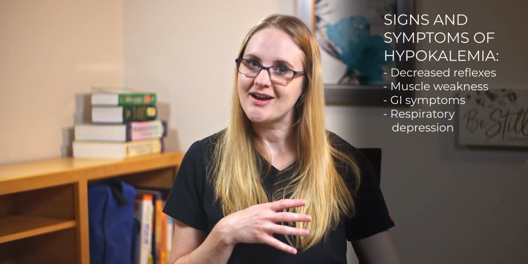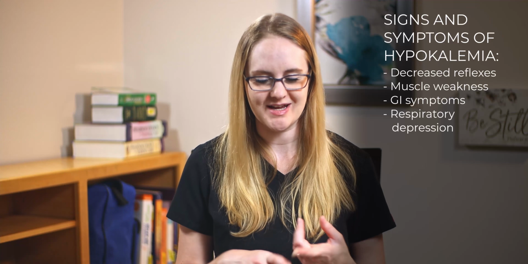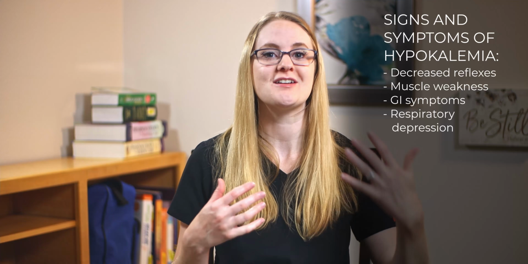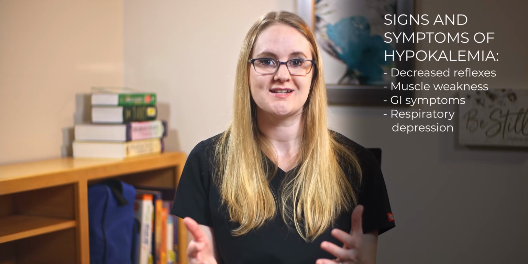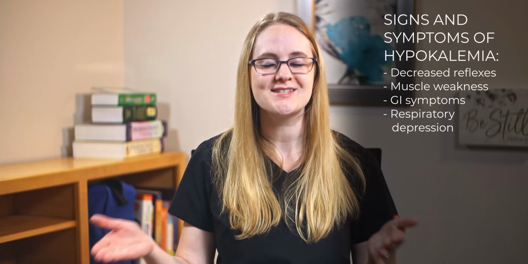Now, let's take another look at those signs and symptoms, right? Decreased reflexes, muscle weakness, GI symptoms, that constipation, the nausea, the vomiting, paralytic ileus, and respiratory depression. All of those things have to do with what? Oh, wait, don't worry. They all have to do with what? I know you know it, my friend. Muscles, muscle weakness. Remember, muscle weakness.